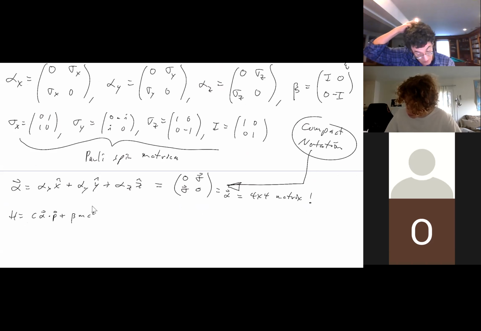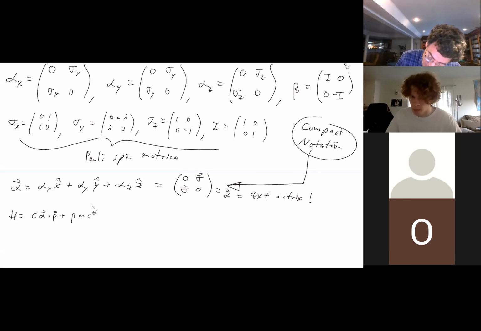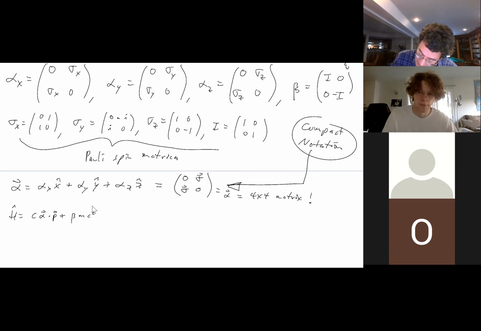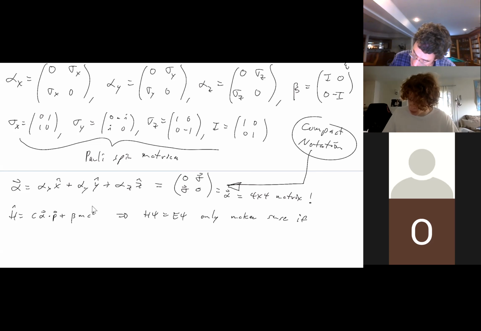And so what we have then is that the Hamiltonian lives in this 4x4 matrix. And so H psi equals E psi only makes sense if psi is a four vector, a 4-dimensional vector.